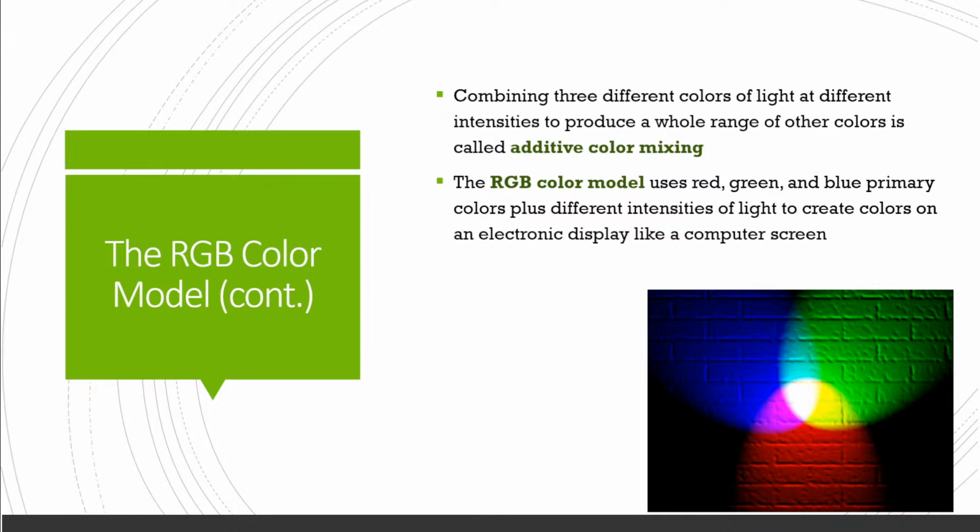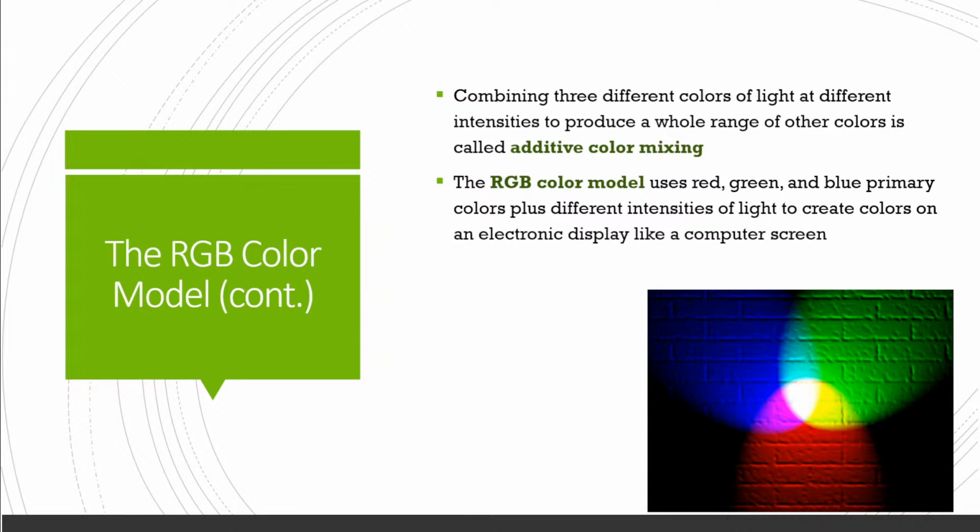But we call this additive color mixing when we are using digital color, or in the digital color space. It is additive color mixing. With our physical color space, our red, yellow, and blue primary colors that we learned about in elementary school, this is the subtractive color mixing space.